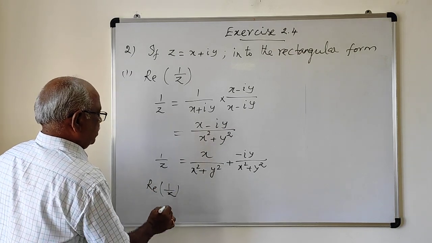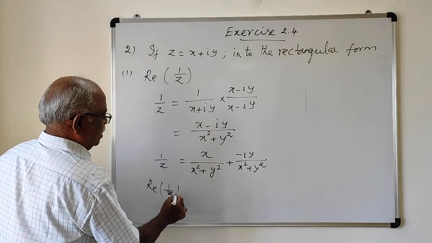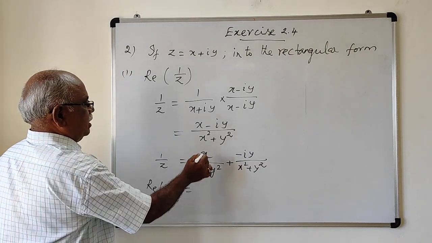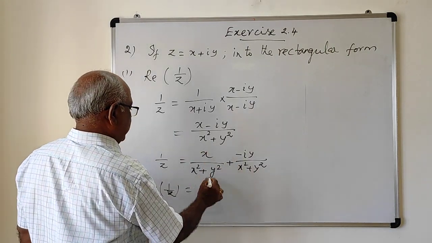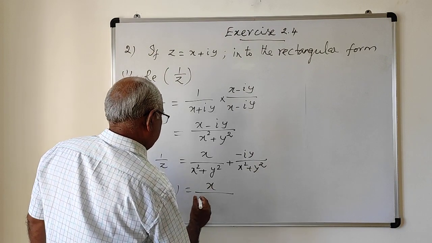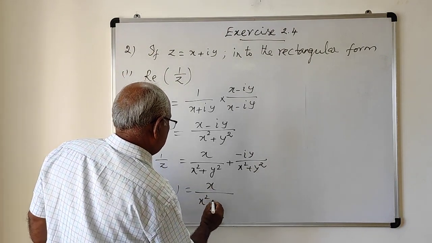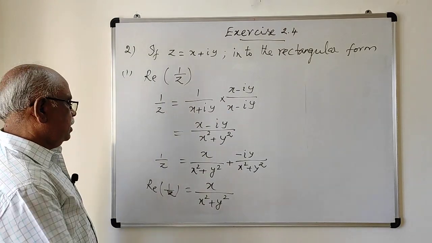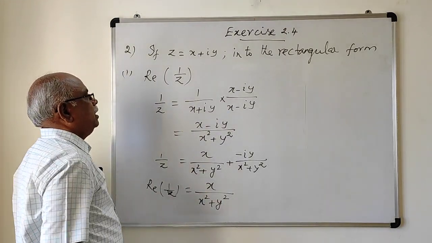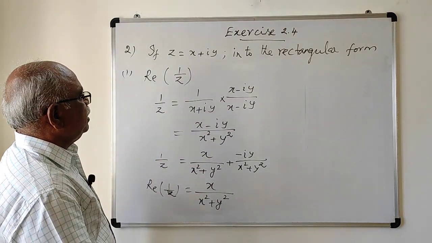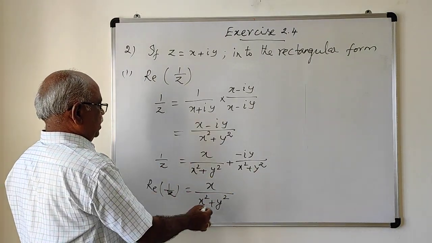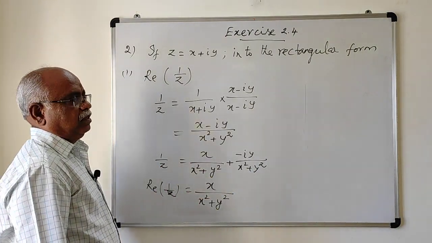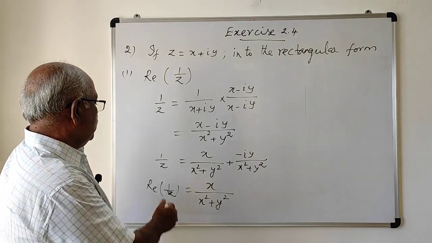Because they are asking the real part of 1 by z, the real part is x by x square plus y square. This is the rectangular form. They are asking only the real part.